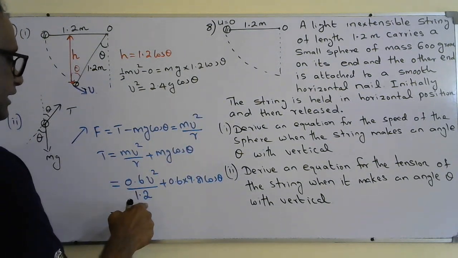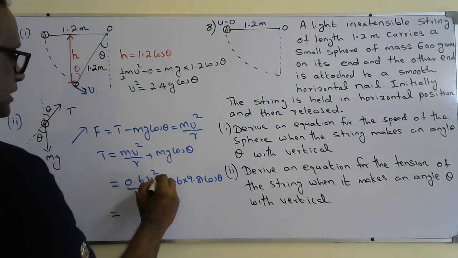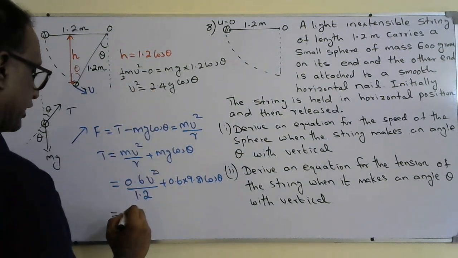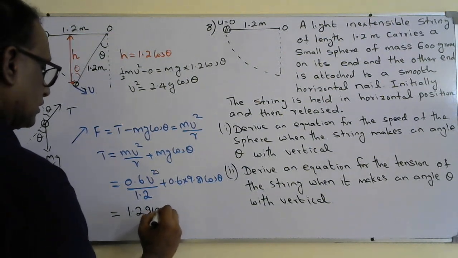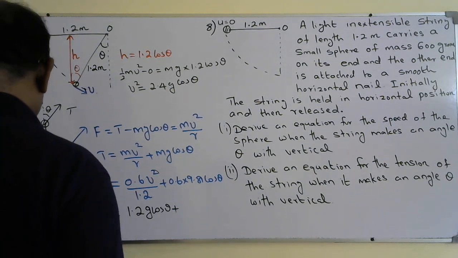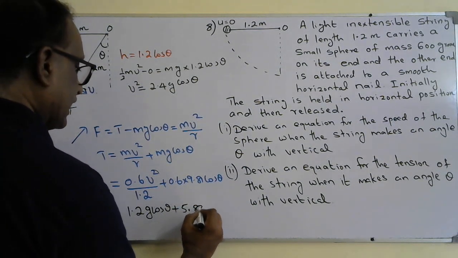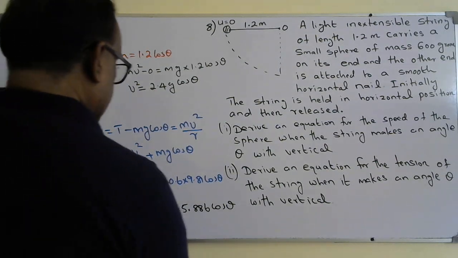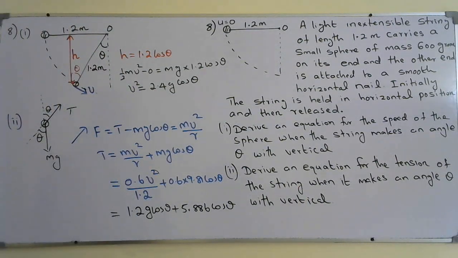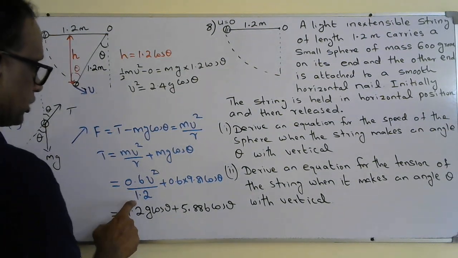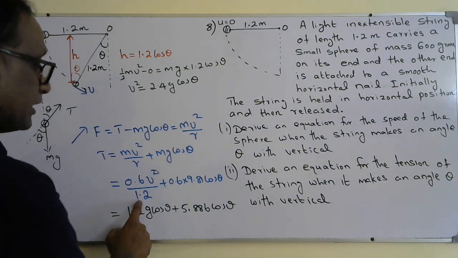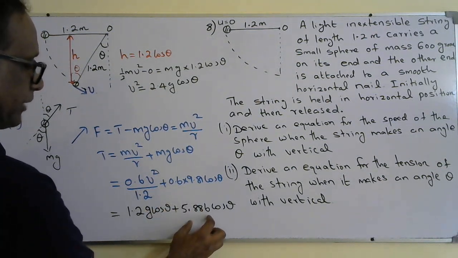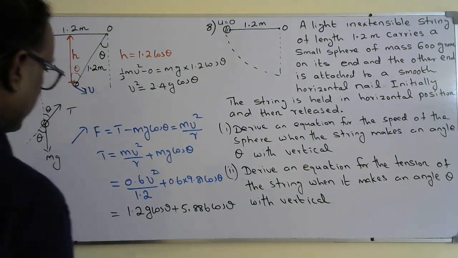With 0.6 in the numerator and 1.2 in the denominator, that gives a factor of 2 dividing, so 1.2 g cos theta plus 0.6 into 9.81 cos theta. We can substitute g as 9.81, giving 5.886 cos theta. That's the expression for the second part.